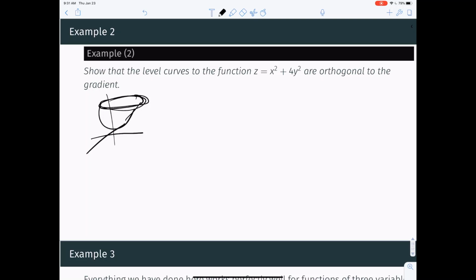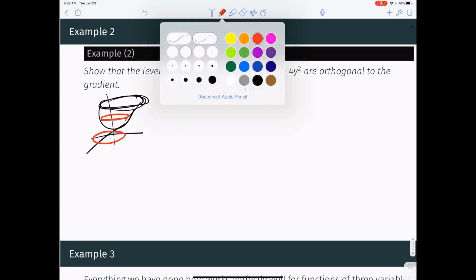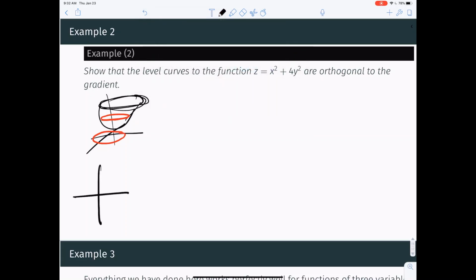And the question is, if you looked at some particular level curve and drew that down in the xy plane, you would get an elliptical level curve like this. There should be a tangent line to that curve, and at that point there should also be a gradient, right? And it should be true that the gradient is orthogonal to the level curve. That's what we're trying to see here.